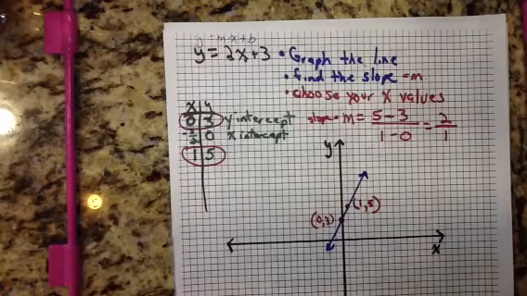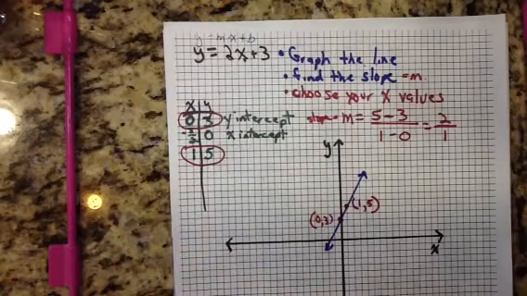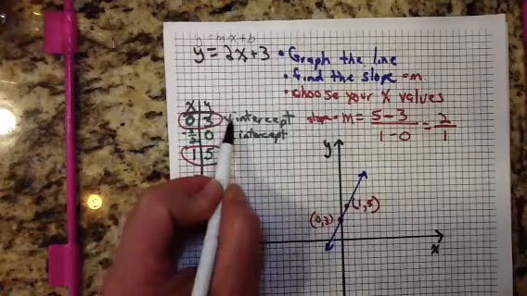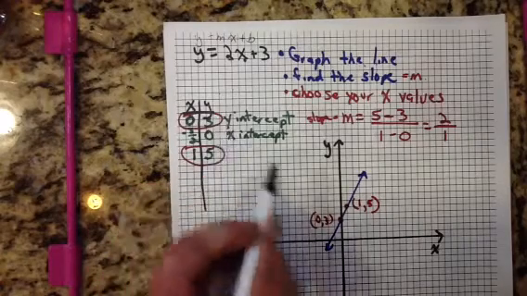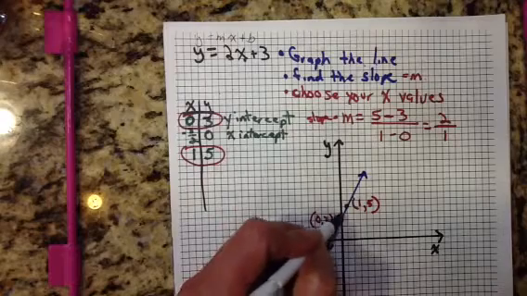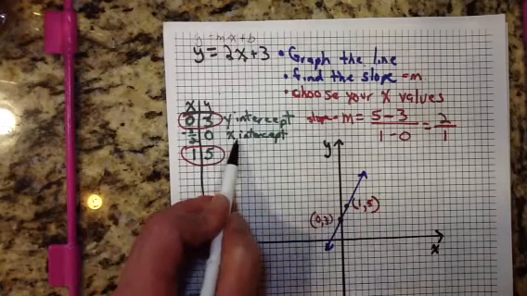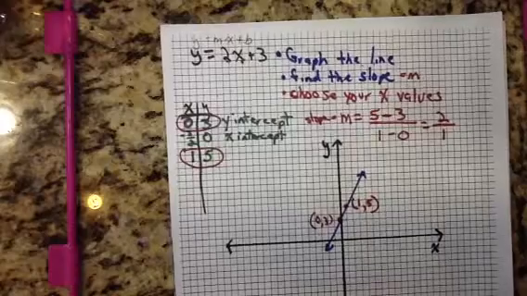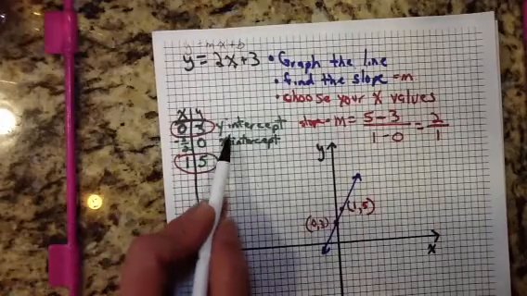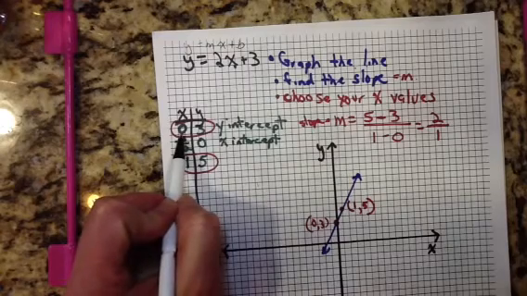One thing I mentioned in my other video is your y-intercept and your x-intercept. Your y-intercept is when x is 0, and the meaning of that is where the line crosses the y-axis. Your x-intercept is where the line crosses the x-axis. So if you want your y-intercept, the way you find it is you put 0 in for x.